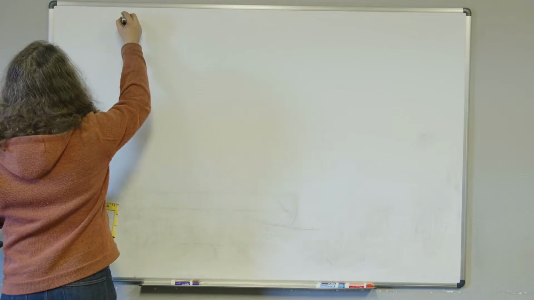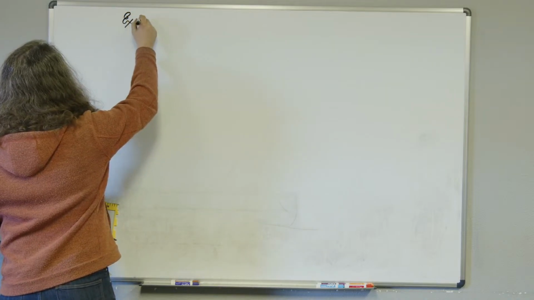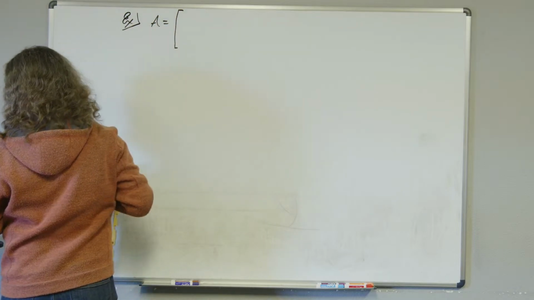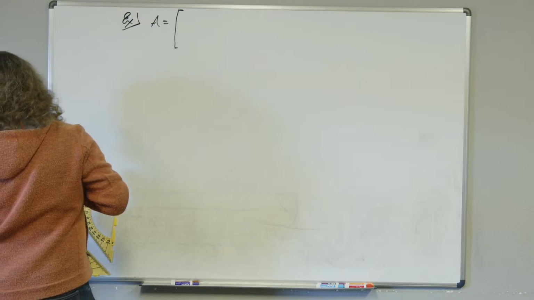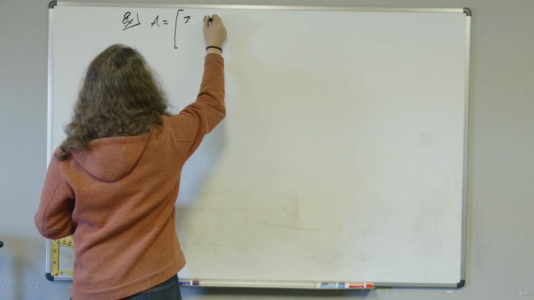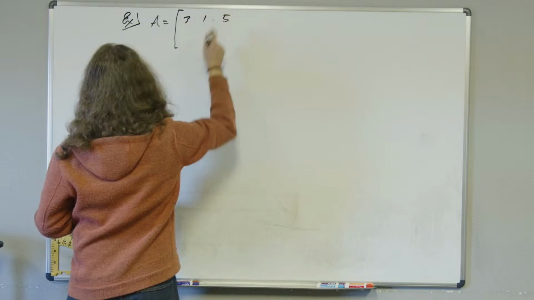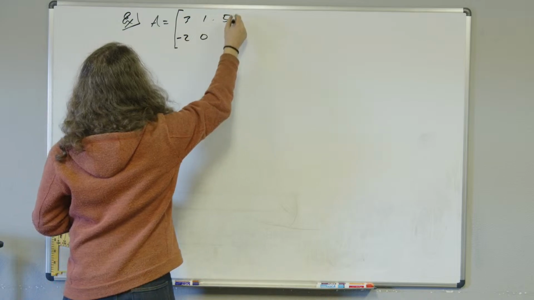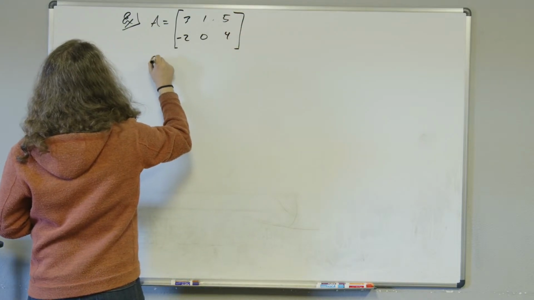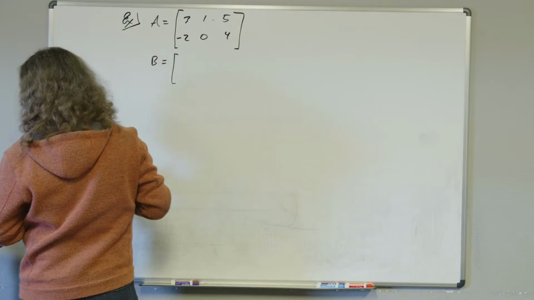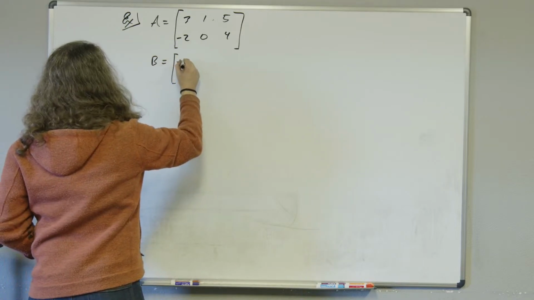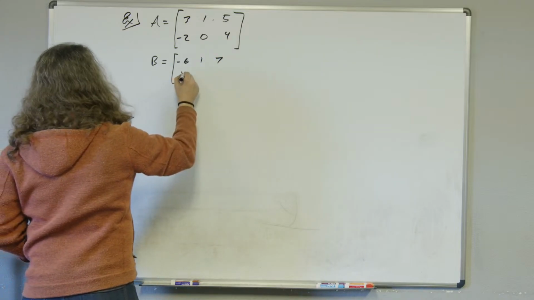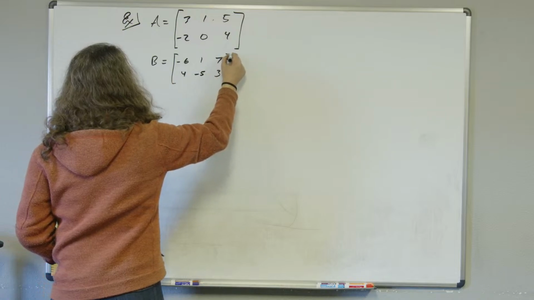Example. A is this matrix: 3, 1, 5, negative 2, 0, 4. And B would be negative 6, 1, 7, 4, negative 5, 3.